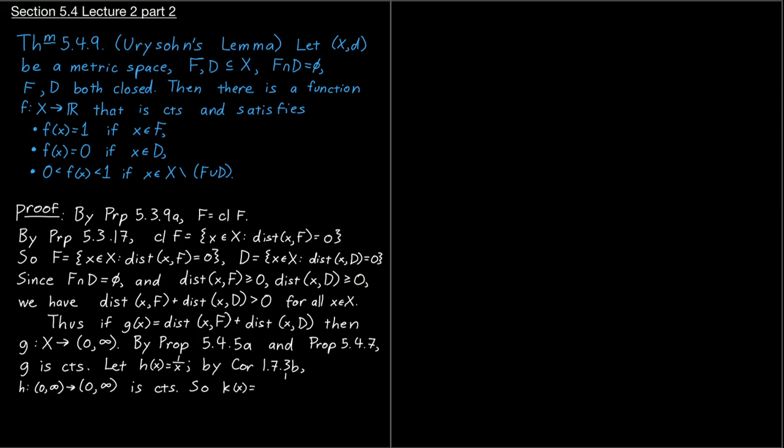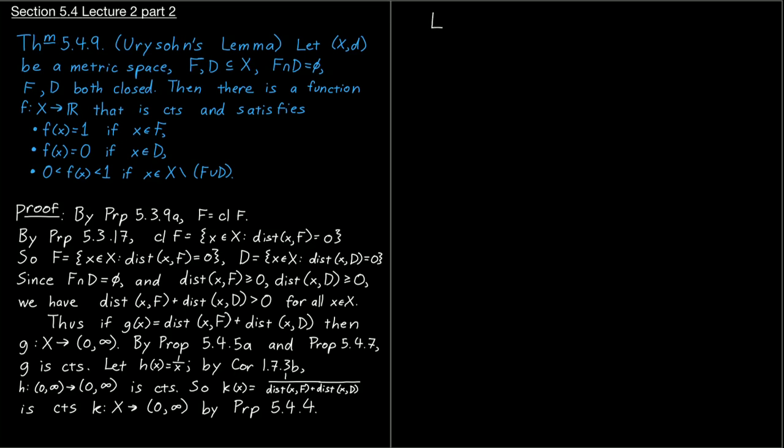Let's write it. k of x is 1 over the distance to F plus the distance to D. That is continuous from X to the non-negative real numbers, and that is by proposition 5.4.4. Because k is the composition of the continuous function h with the continuous function g, k must itself be continuous.